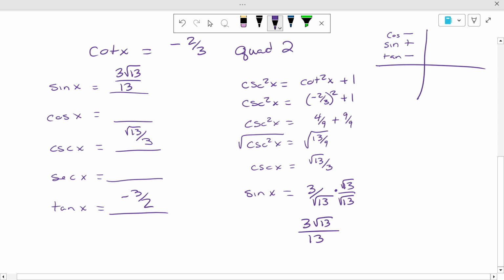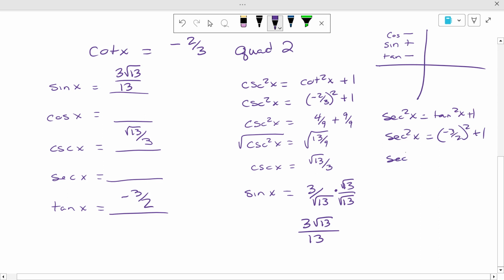Golly. Maybe I don't want to try to find the cosine of x because that's really complicated if I use the sine of x. How about I find the secant of x? How is the secant of x tied into anything? What's the Pythagorean identity with secant of x? Tangent squared of x plus 1, right? So if I have the tangent of x, I can say the secant squared of x equals the tangent squared of x plus 1. And then it's -3/2 squared plus 1.